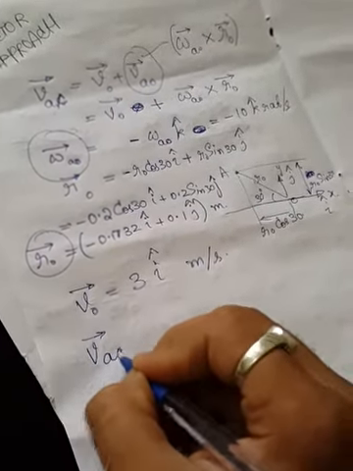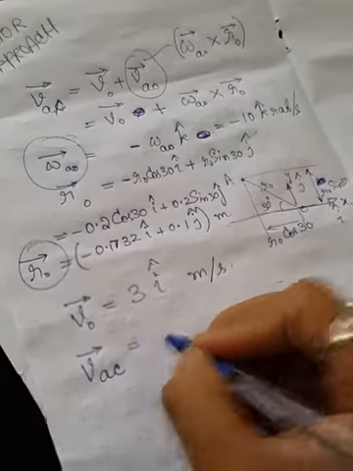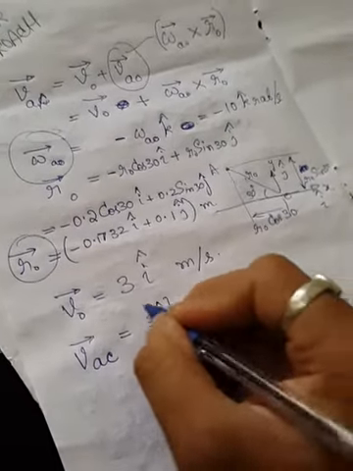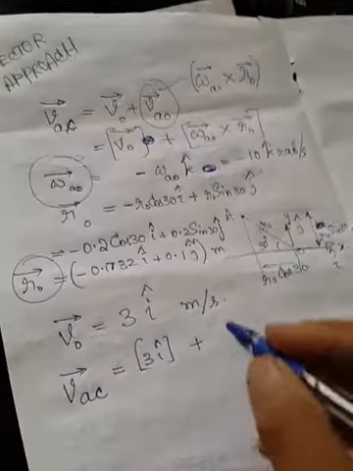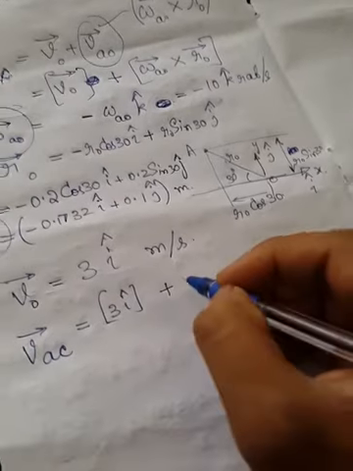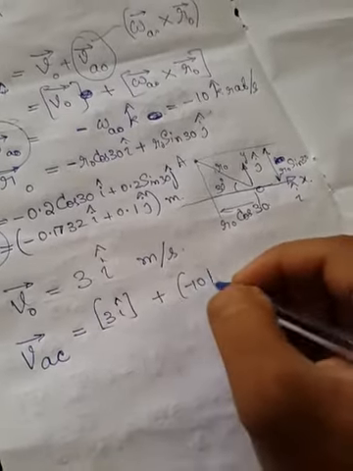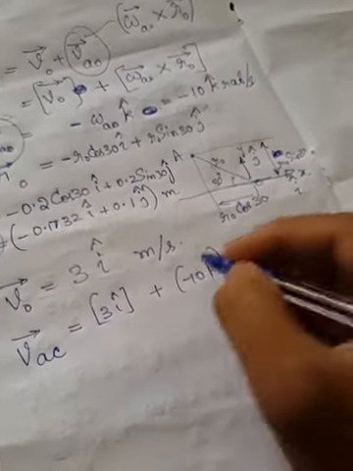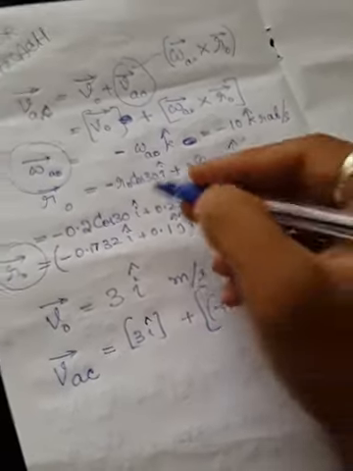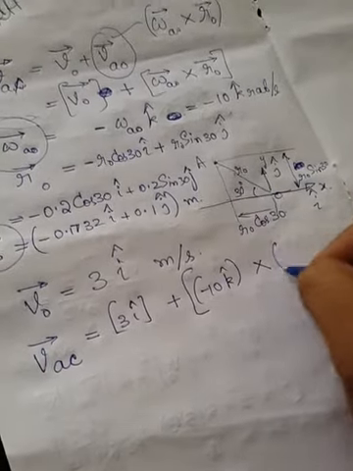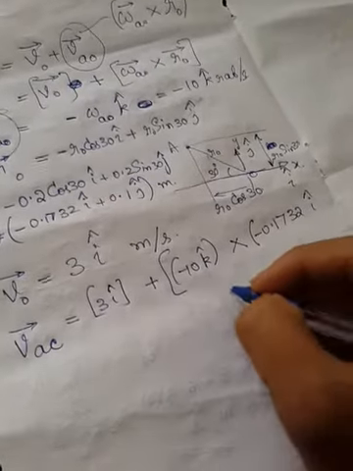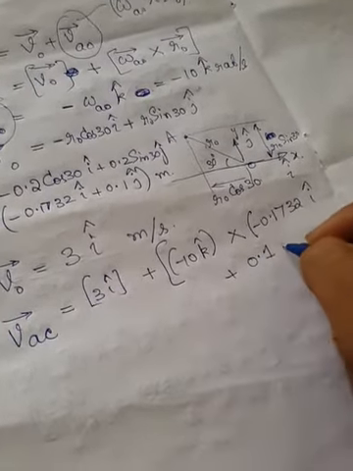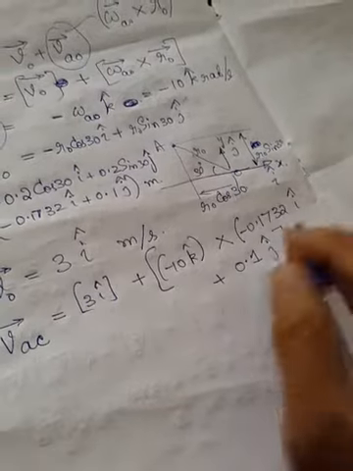Vector V_A/C is going to become V_O, which is 3i, plus omega times R_O. Omega_AO is minus 10k crossed with another vector, which is minus 0.1732 i plus 0.1 j.